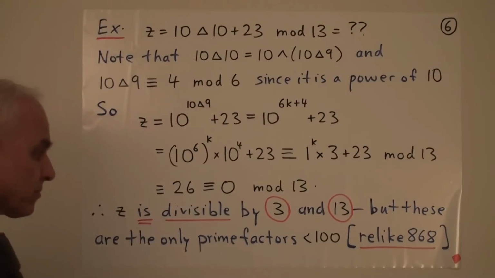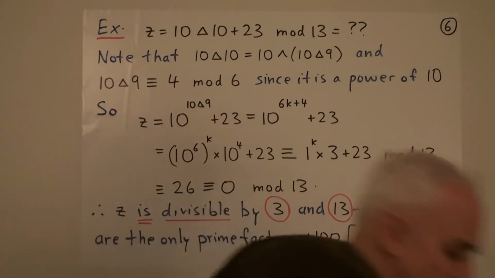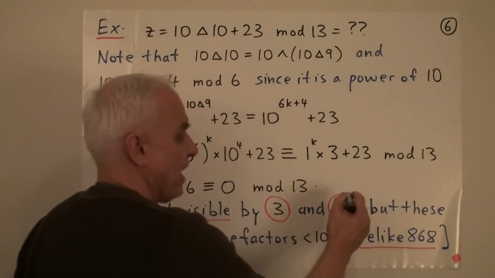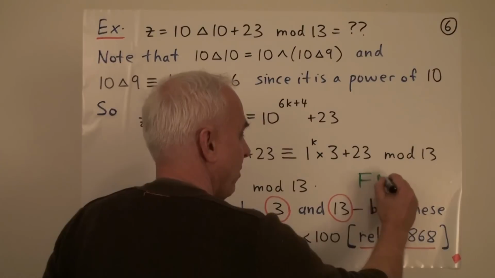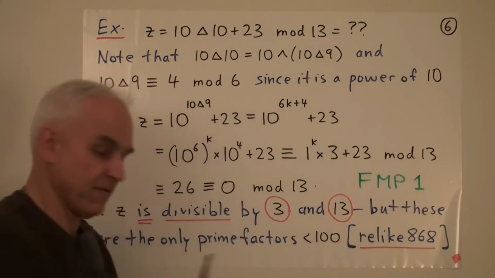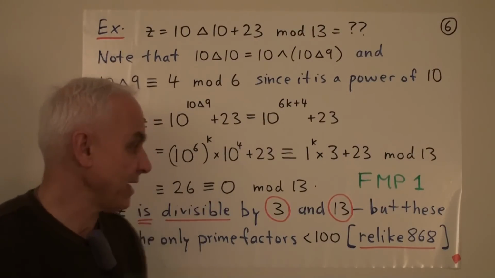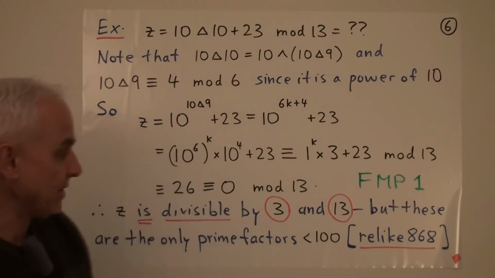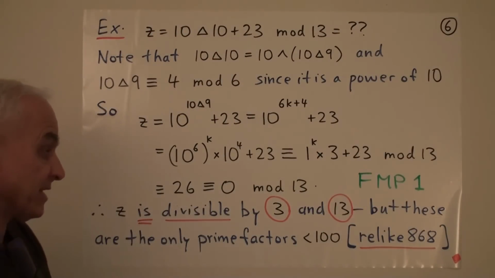So very interesting. And this all goes back to my Famous Math Problems series. The first video in that series deals exactly with the factorization of this Z. And quite a few people had some investigations on that.